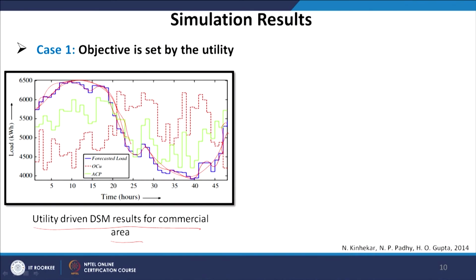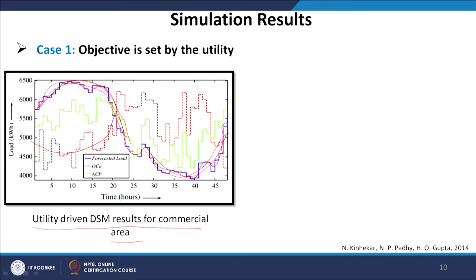Now, the desired load characteristic from the utility point of view: the utility wishes the consumers to use less energy during this period and more energy during this period. So, the desired characteristic could be just an approximate guess, could be an inverse, though it is not exactly inverse, you have to take many other constraints. But if you consider the inverse of the characteristic, during the peak the desired characteristic will be off peak, and during off peak the desired characteristic will be peak.